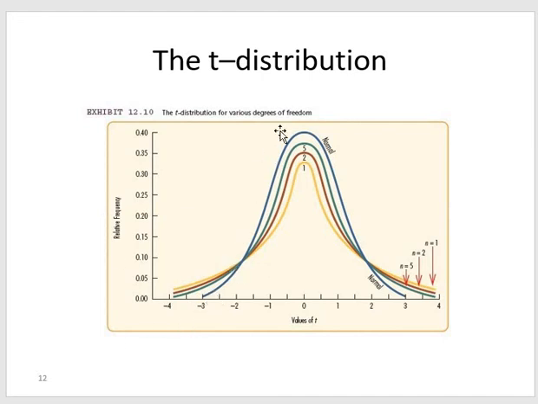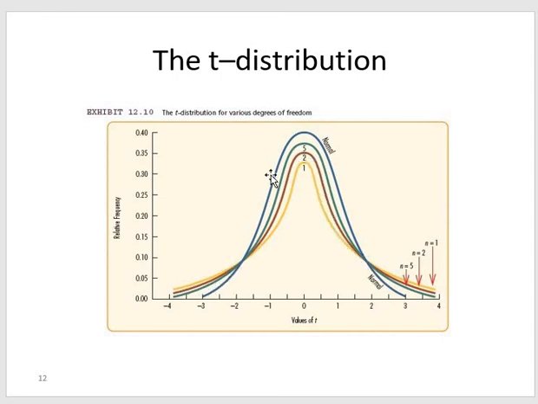The normal t-distribution graph is shown over here. It is like a bell-like structure. This blue one, the topmost, is considered the normal one based on your sampling data. Based on the value you are assuming, if n is equal to 1, then the topmost orange structure is considered. If n is equal to 2, then this red line is considered, and if n is equal to 5, then this other blue line is considered.